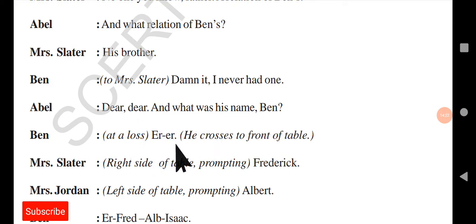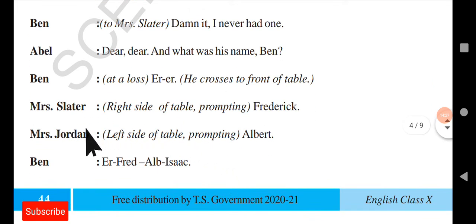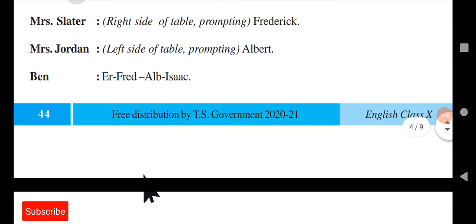Ben crosses to the front of the table, and Slater, on the right side of the table, prompts Frederick, and Jordan, on the left side of the table, prompts Albert. And here Ben says, Fred, Isaac. When the old man asks for the name of the dead person, immediately Slater says Frederick, Jordan says Albert, and Ben says Isaac.